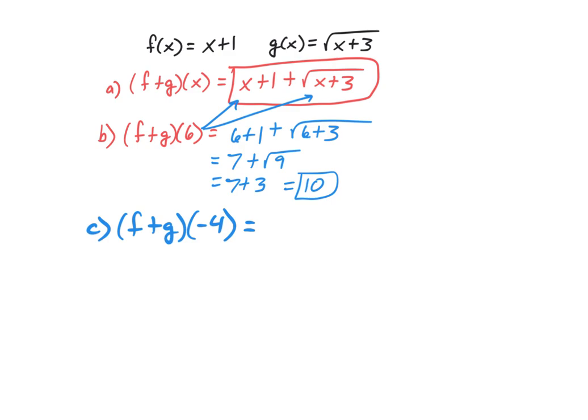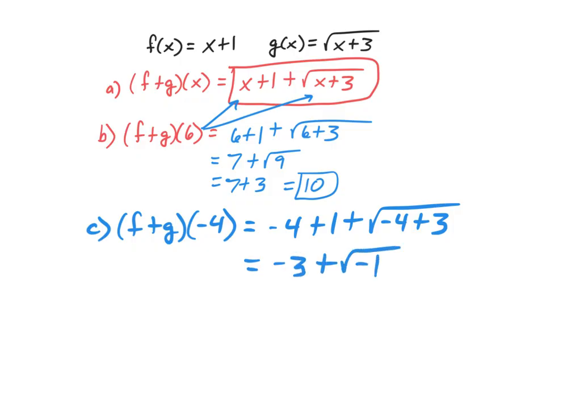So we're going to go -4 plus 1 plus the square root of -4 plus 3. Okay, as we start to simplify, because we have numbers here, we get -3 plus the square root of -1.